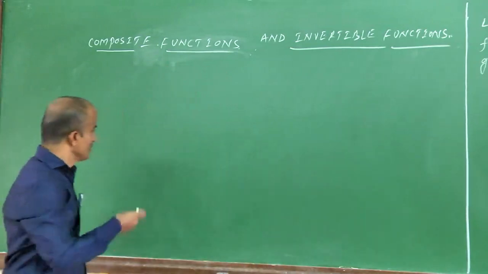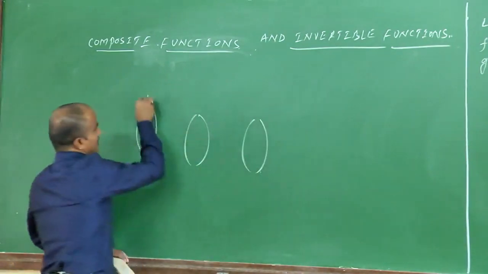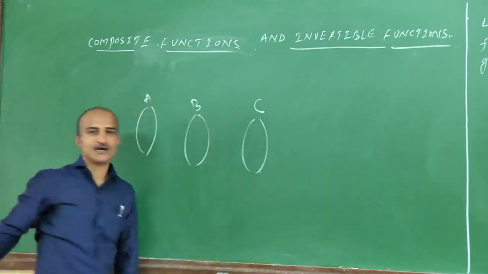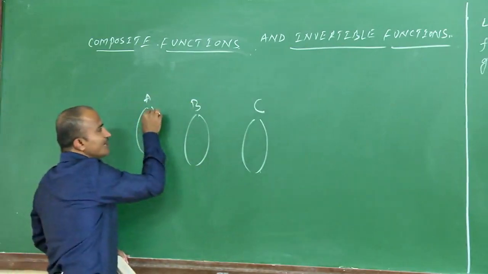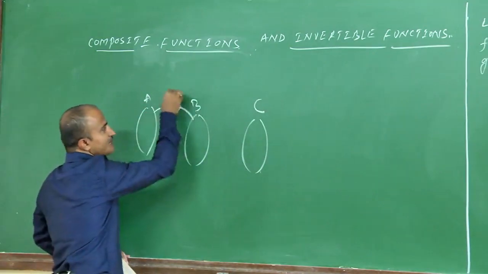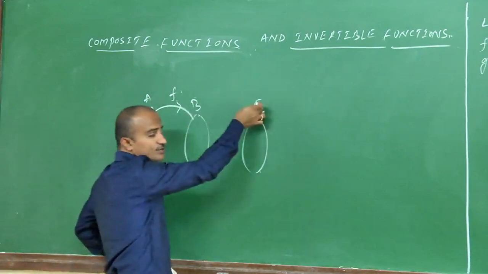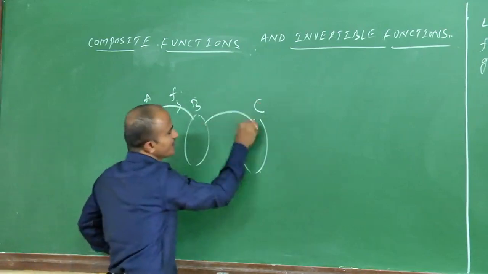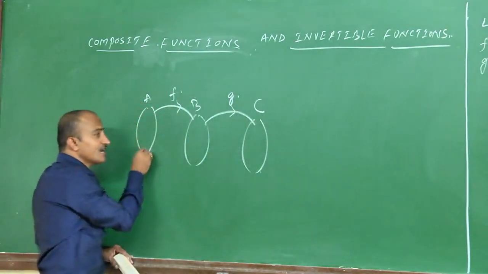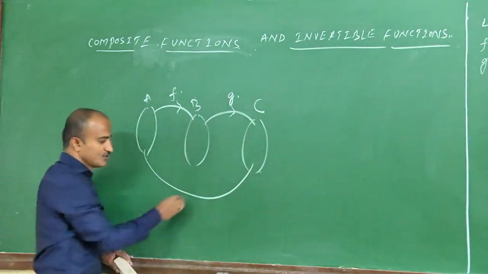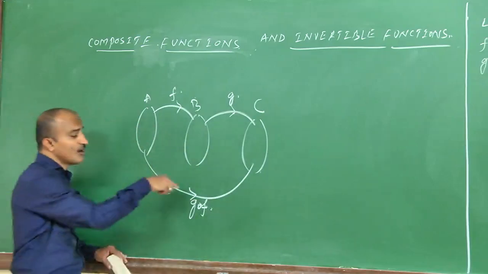For example, if you take three non-empty sets, say A, B and C, where elements of A are assigned to the elements of B through a function f, and elements of B are assigned to elements of C through a function g. Then the elements of A are assigned to the elements of C through a function GOF. That is what we call composite functions.